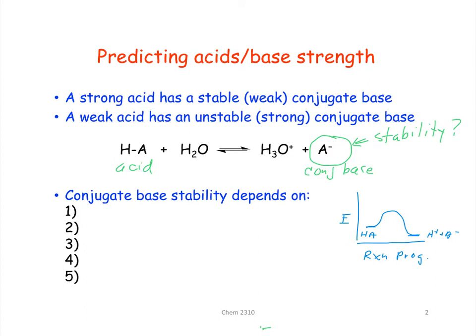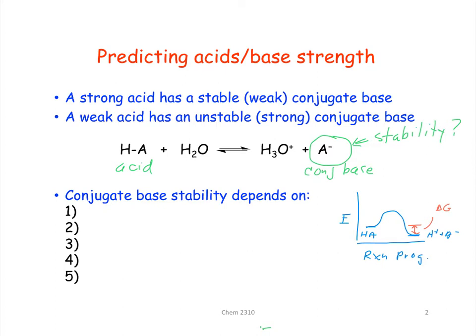Because this is an acid-base reaction, the direction of the equilibrium depends upon the relative energy difference between the reactants and the products. So this distance here, remember, this would be the delta G, or the difference in free energy of the reactants and products.